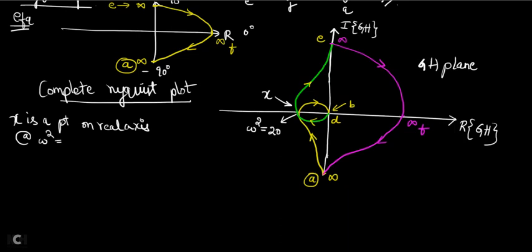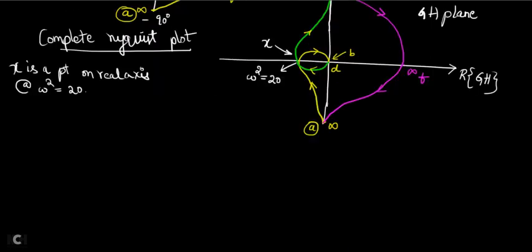Omega square is equal to 20. How to find x? What is the formula to find x? X is equal to the real part, whatever real part you got in the first step. For that real part, you have to substitute omega square is equal to 20. Then you will get the answer for x. That's all.